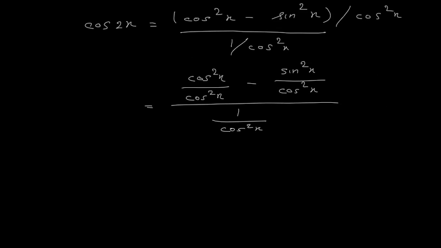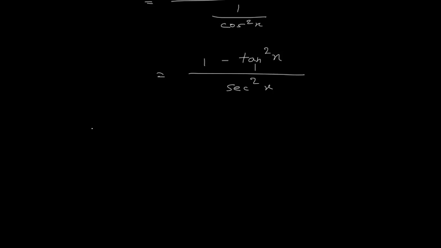So this cos square upon cos square, it is 1. So this is 1 minus tan square x divided by 1 upon cos square x, which is what? Sec square x. And this sec square x you can write using the identity as 1 plus tan square x.